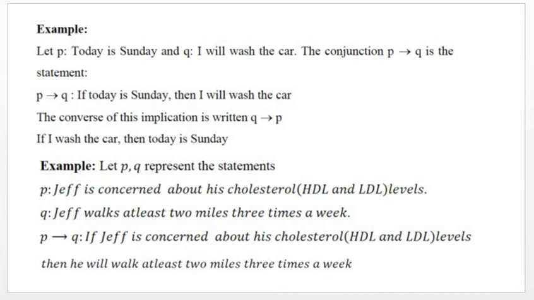Now consider another example. Let P and Q represent the statements P, Jeff is concerned about his cholesterol levels, and Q, Jeff walks at least 2 miles 3 times a week. So P implies Q is if Jeff is concerned about his cholesterol levels then he will walk at least 2 miles 3 times a week.